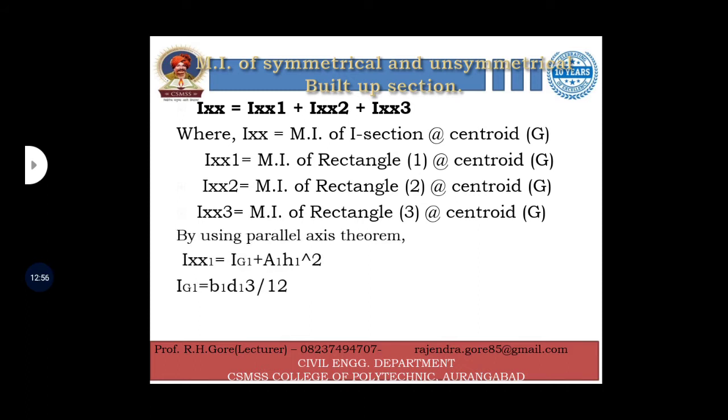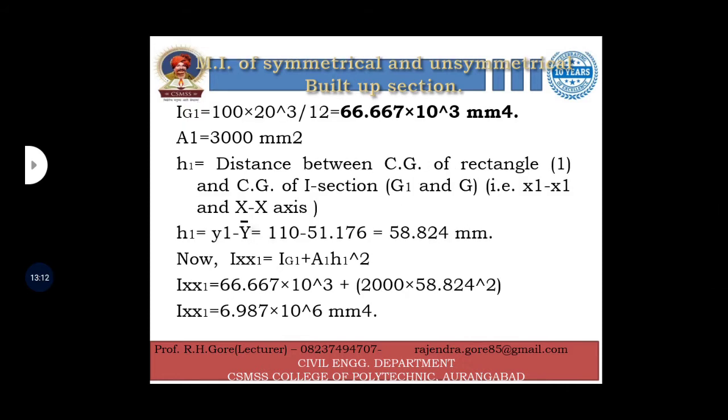So by using parallel axis theorem, Ix1 is Ig1 plus a1 h1 square, same formula. Ig1 is moment of inertia of rectangle about centroidal axis, so b1 d1 cube by 12, so b1 is 100 and d is 20, so Ig1 is 66.667 into 10 to the power 3 mm power 4.